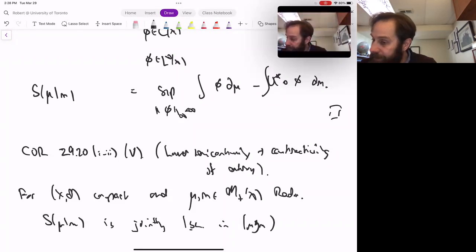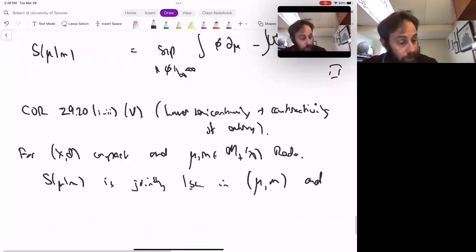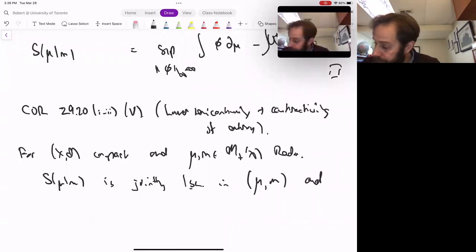In mu, sorry, I should try to make it so you can distinguish my mu's from my m's. And moreover, if I look at the image of both mu and m under the same map F, then the entropy goes down.